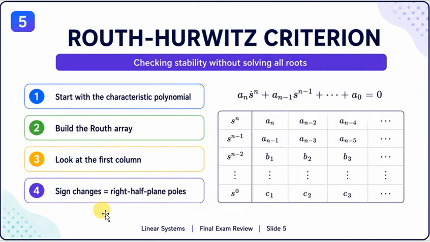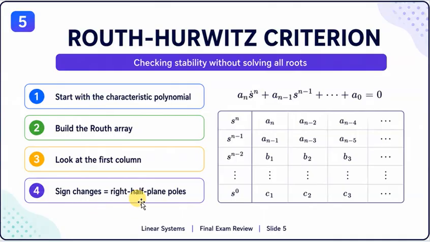Okay, concept 4, Routh-Hurwitz criterion. Sometimes we want to check the stability without doing the hard math to find the exact roots. So we use this method.